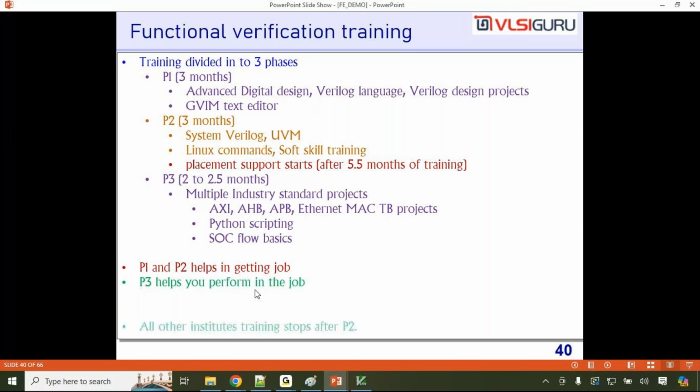In most of the other institutes I know, their training stops after this one. They teach very good digital design, very good Verilog. I don't want to say that they don't teach well, they all teach well, but the limitation you find in other institutes is time, where they have to finish the course by 5, 5.5, or 6 months, mostly because they have limited rooms in which they have to accommodate multiple batches.